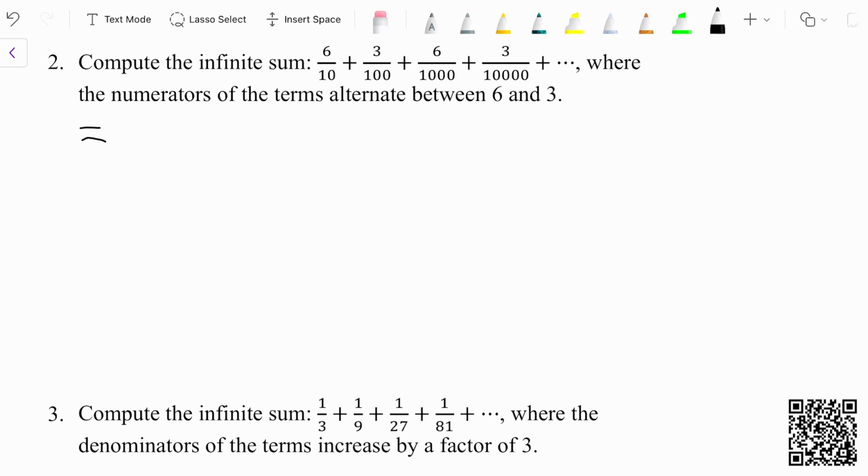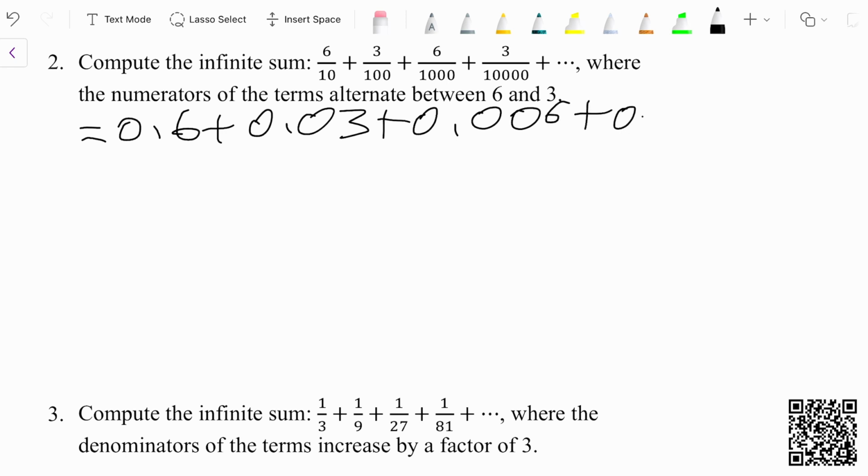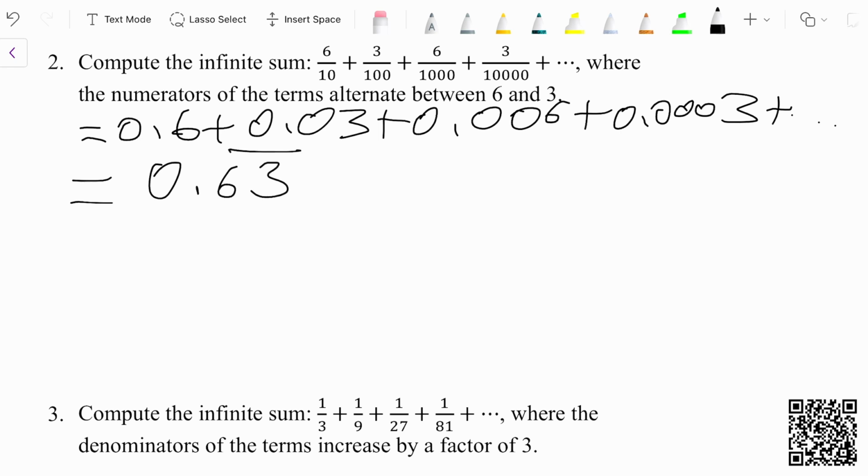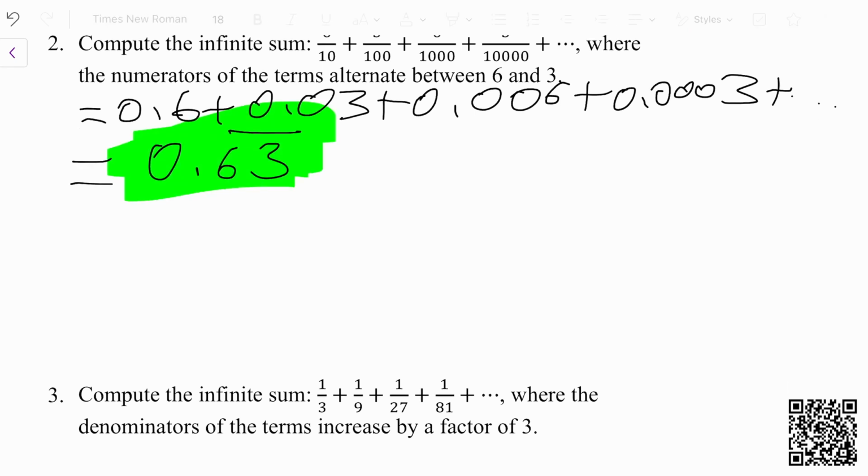We can rewrite this equation as 0.6 plus 0.03 plus 0.006 plus 0.0003 plus so on. And we can rewrite this as 0.63 with the bar above the 6 and 3, since it's alternating between the 6 and 3 onward forever.